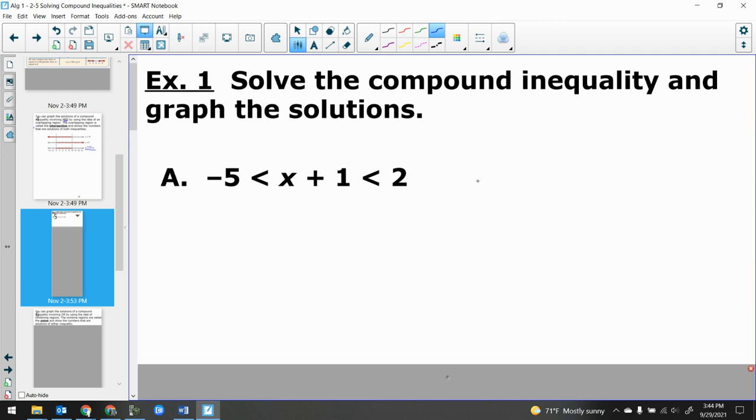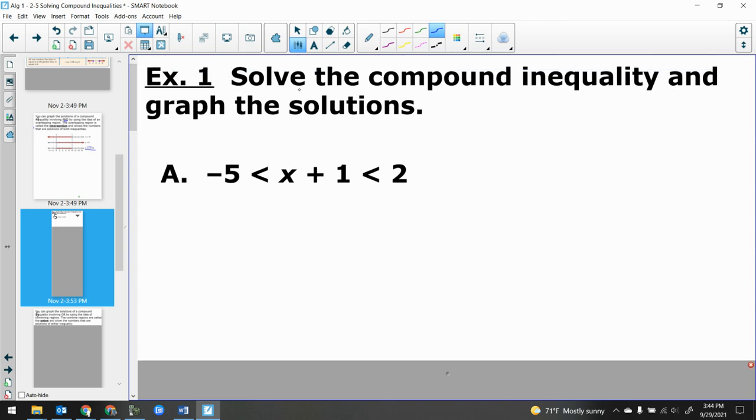Now, when you've got a compound inequality and you want to solve it algebraically, man, life is good. You can kind of kill two birds with one stone. You ever hear that adage? Basically, what I'm looking at here is I subtract 1. Think about how I would solve just that inequality: I would subtract 1 here and then subtract 1 here, right?